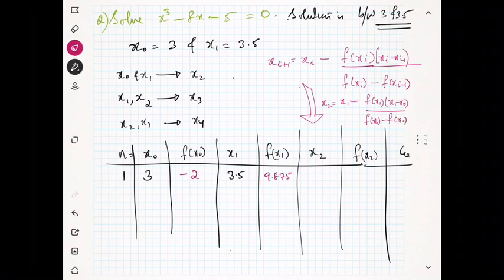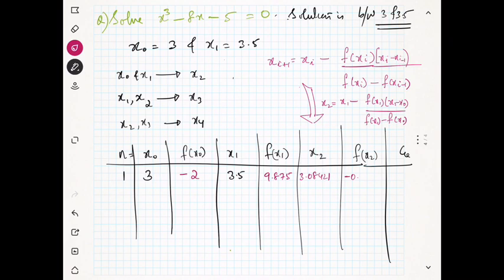Am I correct? Yes. So f of x1 into, yes, okay, that is correct. Now you can find x2, and x2 is 3.08421, right?